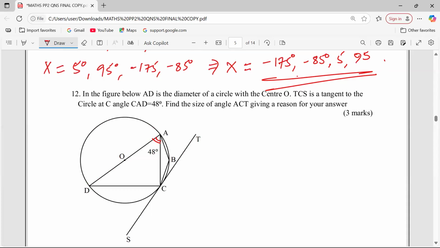Find the size of angle ACT, and give a reason for your answer. So we're supposed to know one thing, that because AD is a diameter, then angles subtended to the circumference of a circle by a diameter are usually right-angled. So we take 90 minus 48, and we shall discover that the angle at this point is 42.